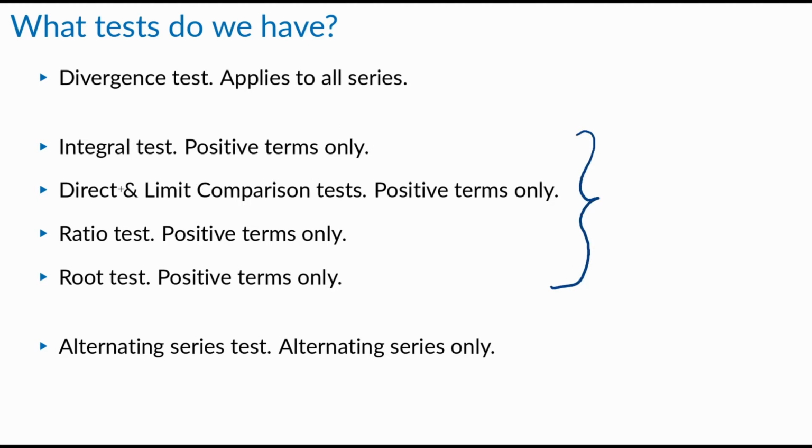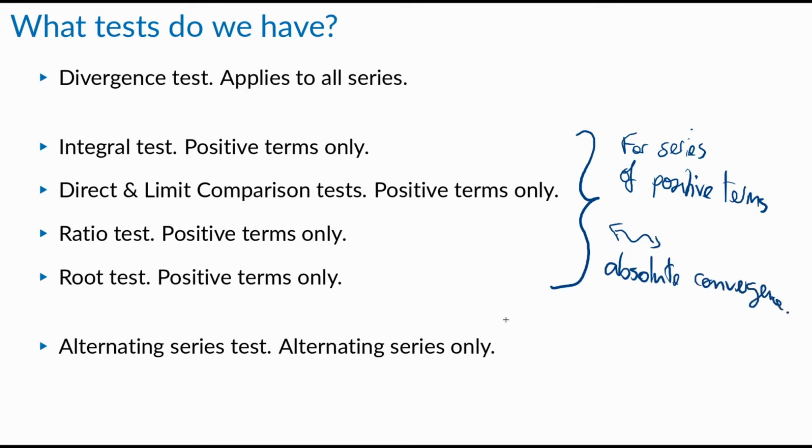That's technically two tests, but I'm lumping them together because they work in similar circumstances. We have a ratio test and we have a root test. And these are for positive series, or a series of positive terms. So these really answer the question about absolute convergence.